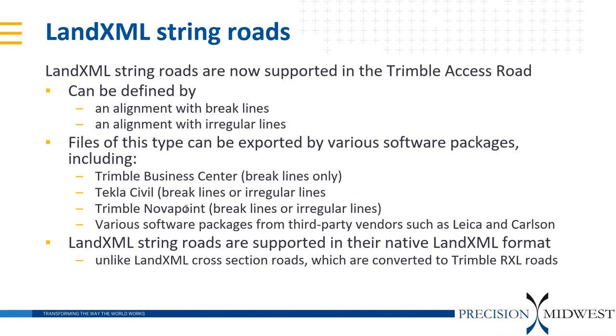Files of this type can be exported by various software packages, including TBC, break lines only, Tekla, which is break lines and irregular lines, Trimble NovaPoint, which is break lines and irregular lines, and various software packages from third-party vendors like Leica or Carlson. LandXML string roads are supported in their native LandXML format, unlike LandXML cross-section roads, which are converted to Trimble RXL roads.